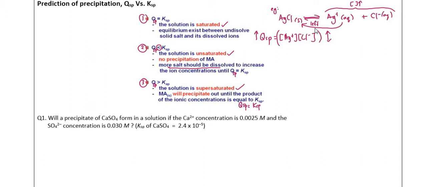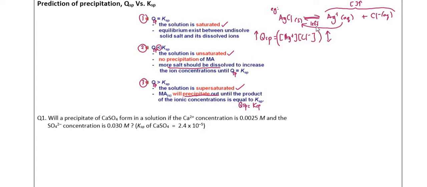Bila shift to the left, that means dia akan precipitate out. That means dia akan more form precipitate sebab dia nak shift to the left. Kenapa nak shift to the left? Because to reduce the concentration of ion. Dia nak apa action dia, apa counteract dia. Right?